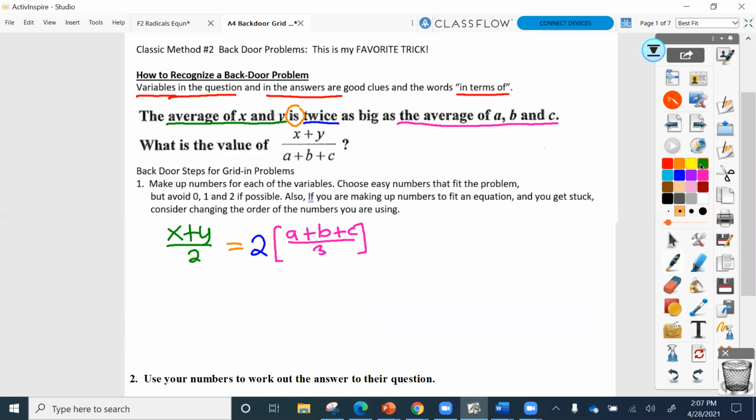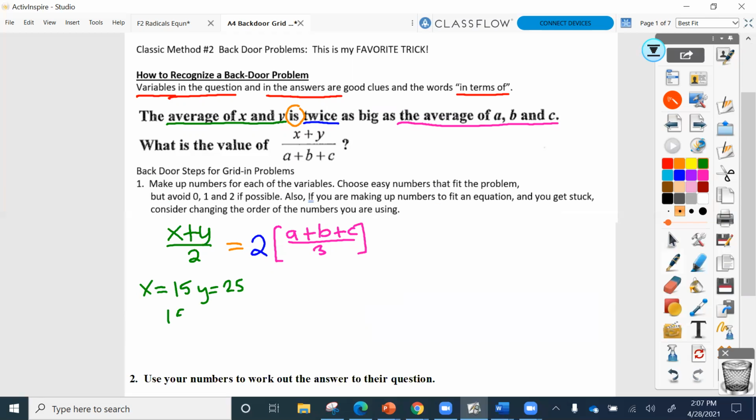So we want to choose easy numbers that fit the problem and avoid 0, 1, and 2. Okay, so let's say X is equal to 15 and Y is equal to 25, for example.